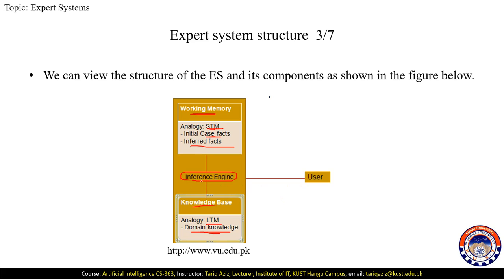Now what will the inference engine do? It will take inputs from working memory, where we have the current facts of the environment, and then it will consult the knowledge base, and finally it will do its processing and then produce output to the user. Okay, so this is the basic structure of the expert system.